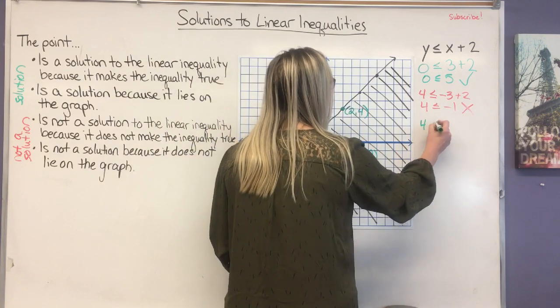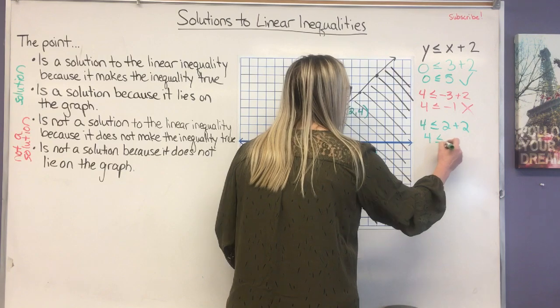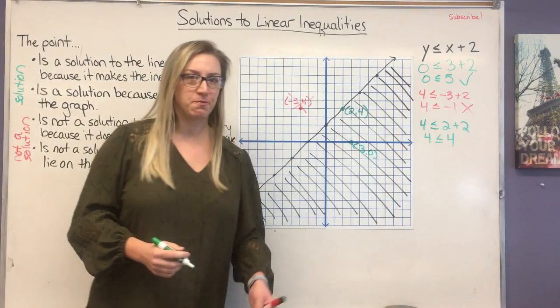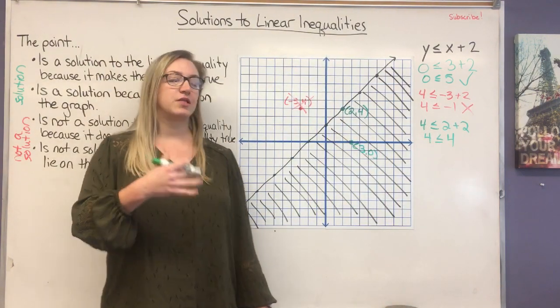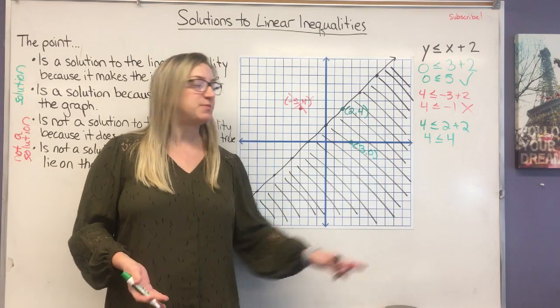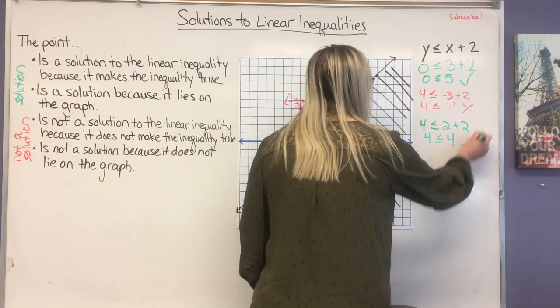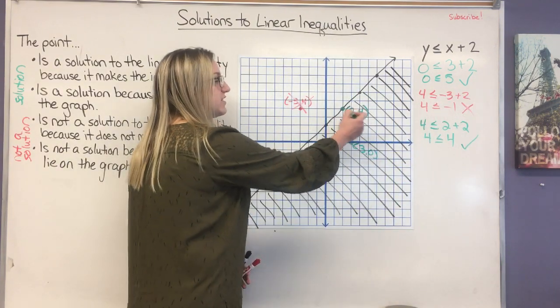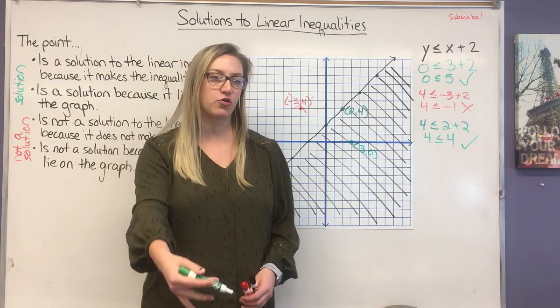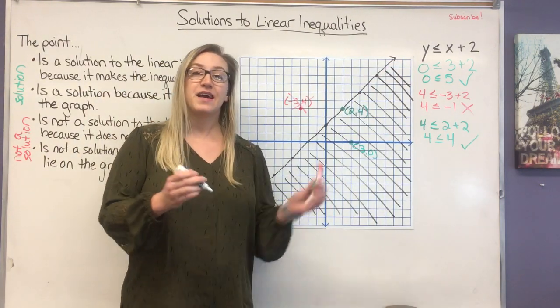So if I plug in 4 less than or equal to 2 plus 2, I wind up with this scenario. Is 4 less than or equal to 4? In this case, yes, because it is also equal to 4, so that's okay. So this is a solution, which means that (2, 4) does lie on the graph because it lies on the solid line.